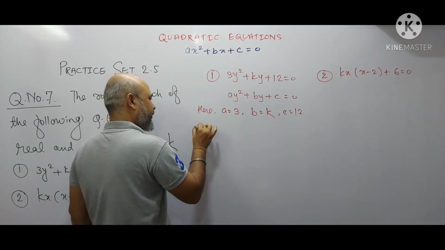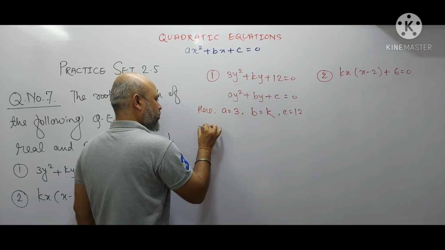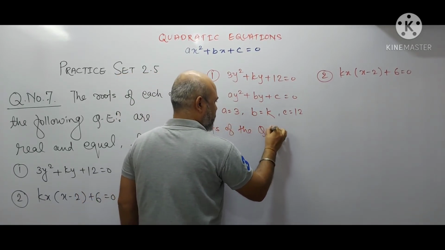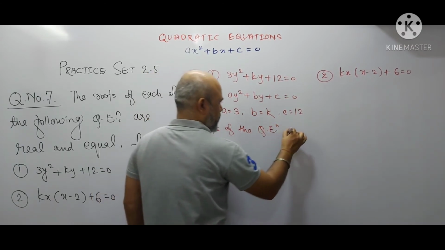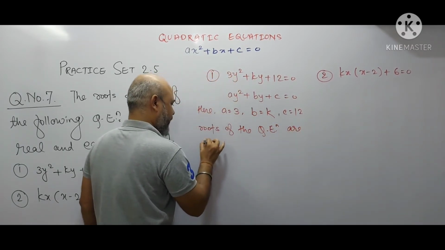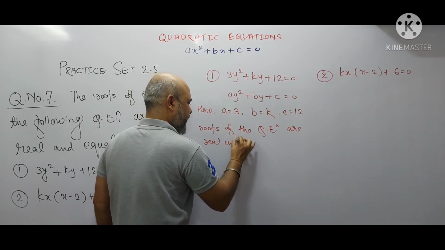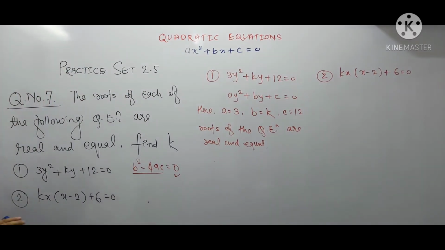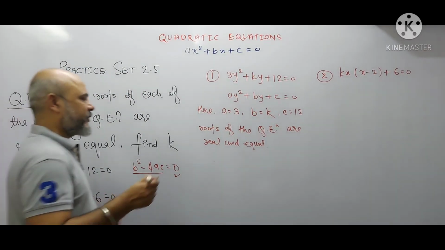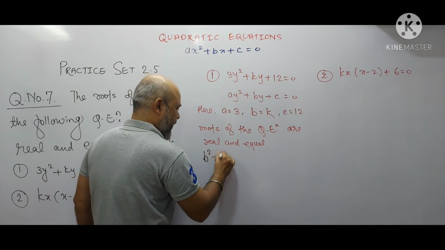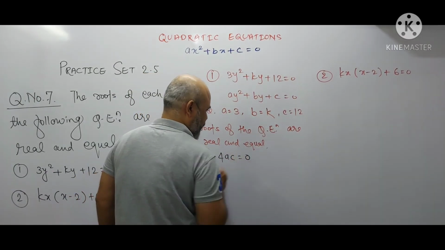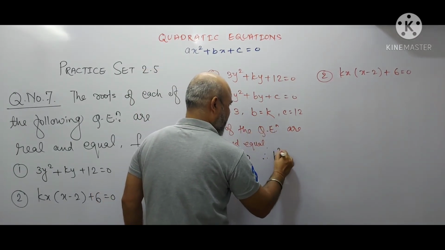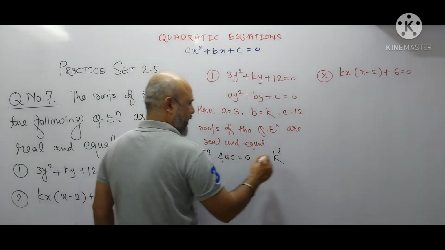As given, the roots of the quadratic equation are real and equal. It means that b square minus 4ac is equal to 0. Therefore, what is b? b is k, so k square minus 4.